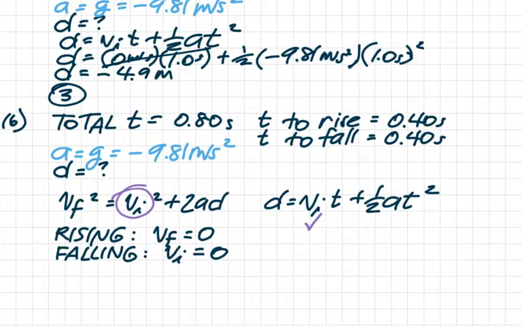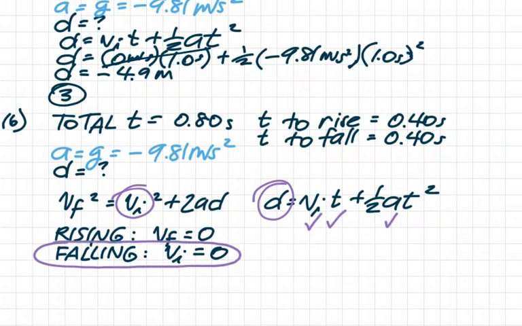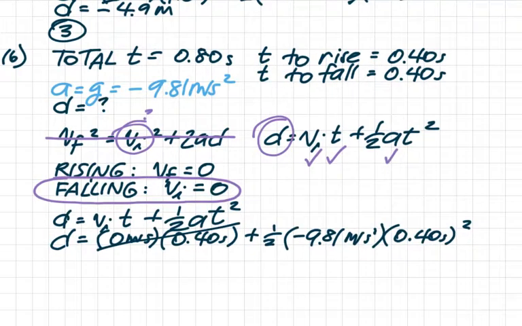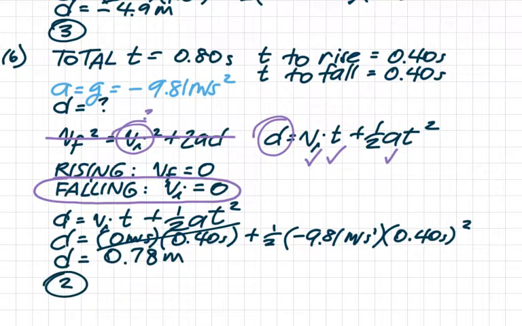I do know the time, I do know the acceleration, and now all I need to solve for is the displacement. So let's look at it from a falling perspective and solve for d that way. Make sure to only use the half time, the 0.4 seconds. You get 0.78 meters, and that's choice 2.